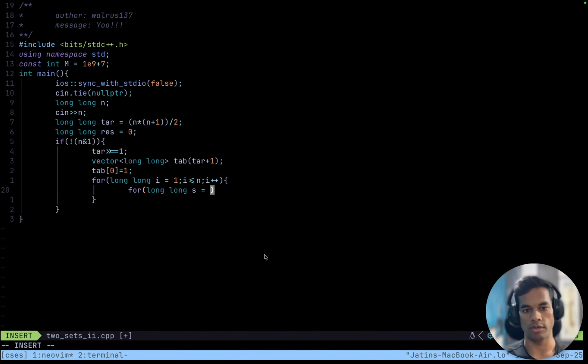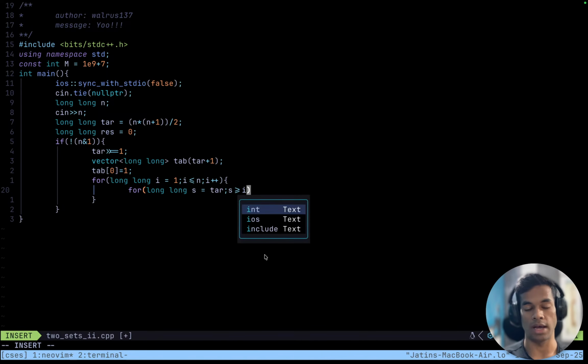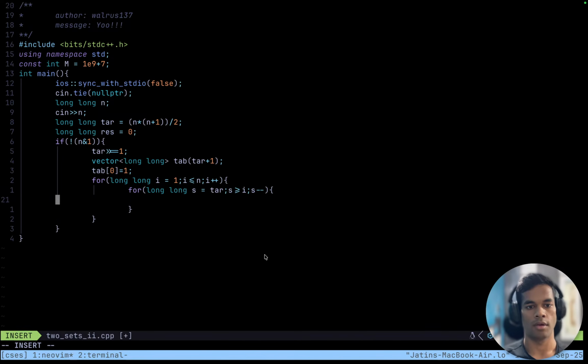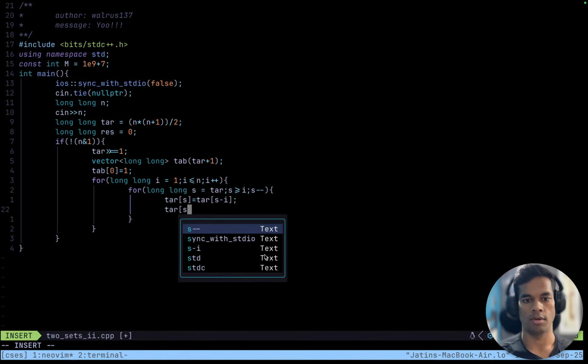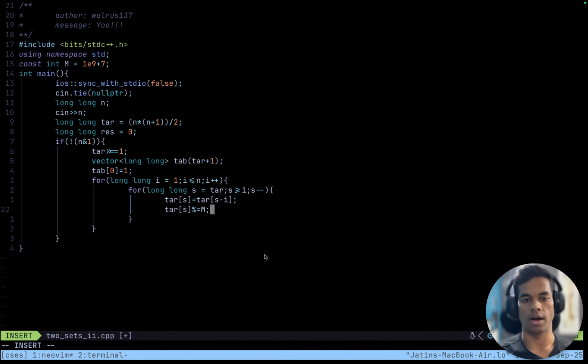Long s equals star, s greater than or equal to i, and s minus minus, and what we will have is tab s equals tab s minus i, and tab s remainder by m. Yep.